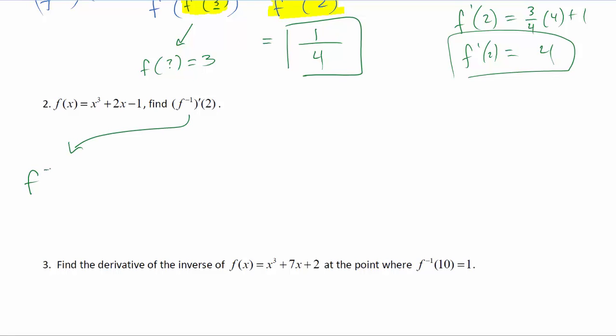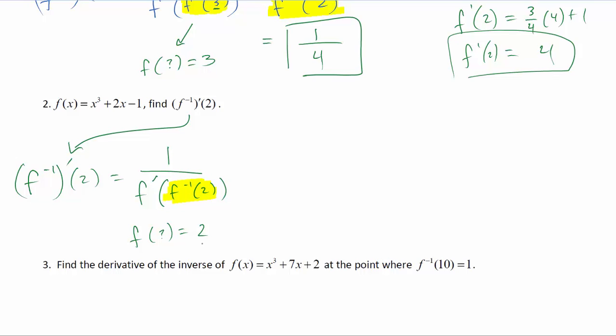This right here is the derivative of the inverse at 2, which is 1 over f prime of f inverse of 2. Same as the last problem, we have to work our way from the inside out, and we have to find f inverse of 2. Just like the last problem, it's saying f of what value is going to equal 2.